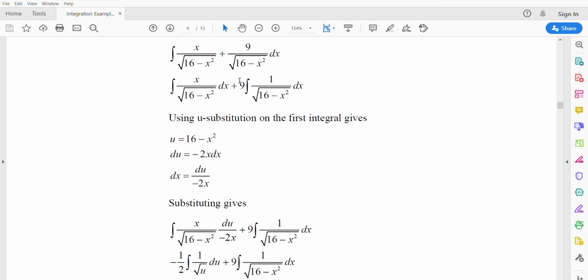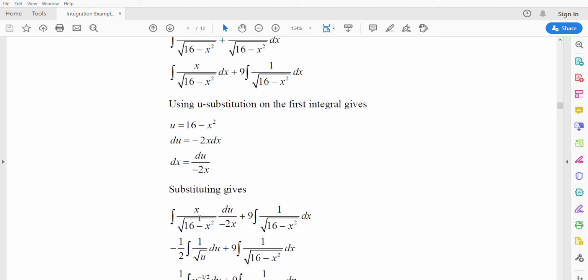For this first integral, substituting in my u and my du, this is going to give me x over the square root of u. The 16 minus x squared becomes a u, and that's times du over negative 2x.